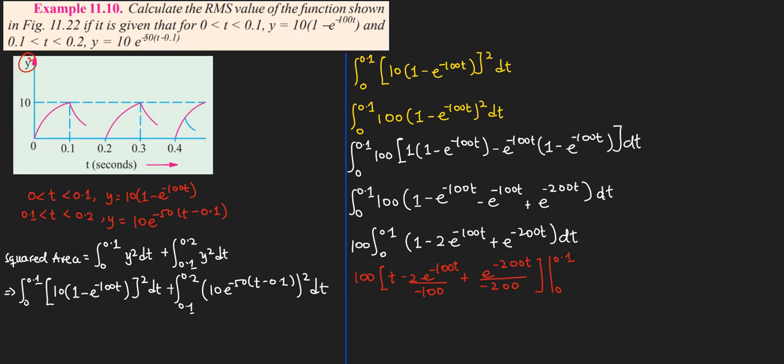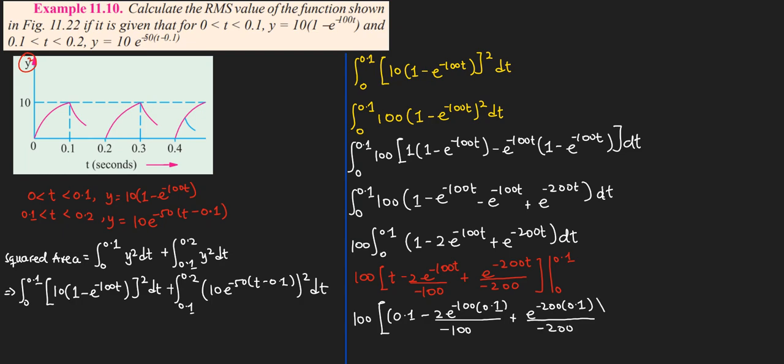Okay, so let's finish this. So let's bring the 100 here and then do what you have in the bracket. So you're going to have t to be 0.1, minus 2 multiplying e to the power minus 100 multiplying 0.1, divided by minus 100, and then plus e to the power minus 200 multiplying 0.1 divided by minus 200.